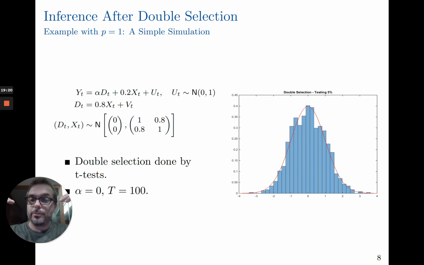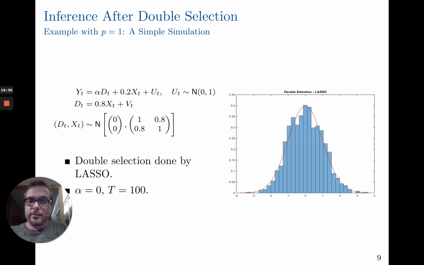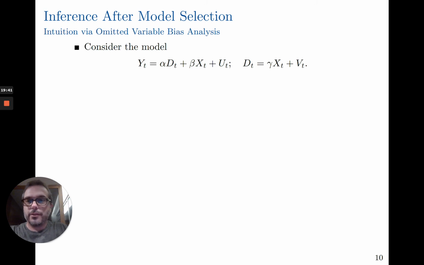So our empirical distribution, represented by the blue bars, can fit almost perfectly the theoretical distribution represented by the red line. Okay? And we can do this by t-test or lasso, same result. Okay? So why is that?